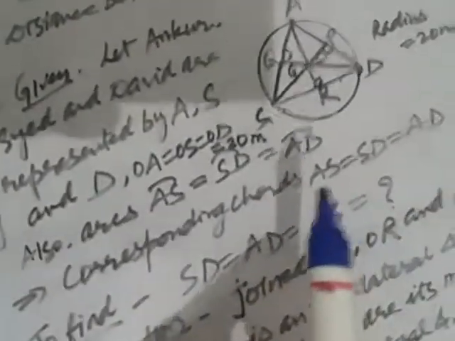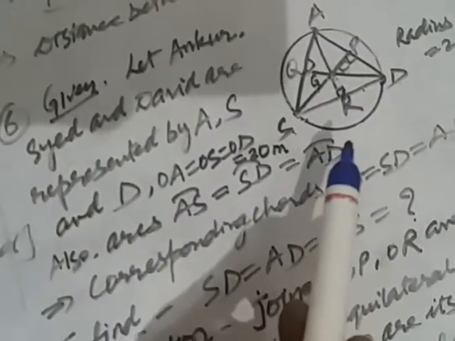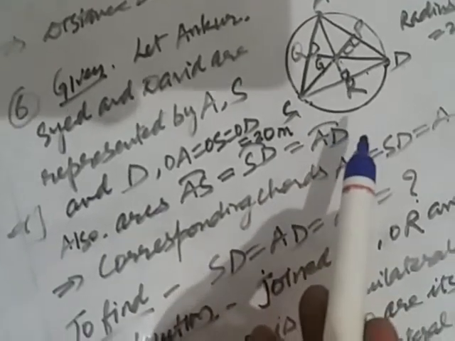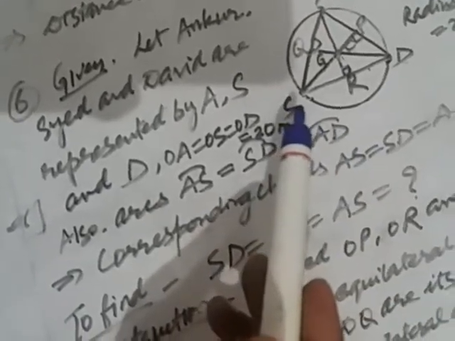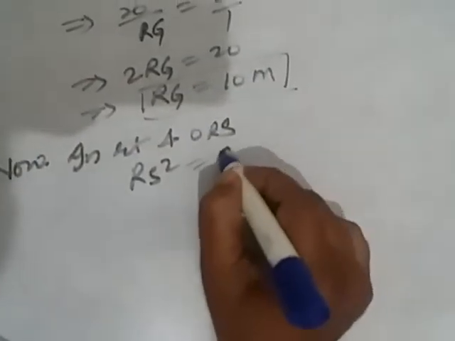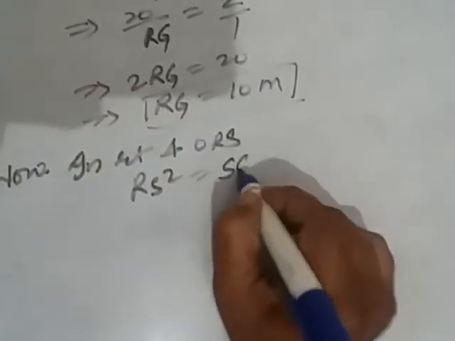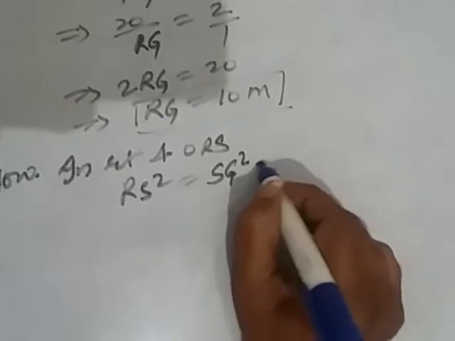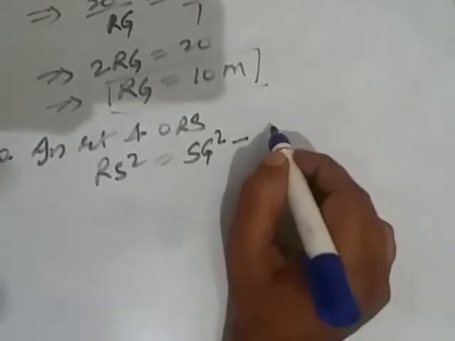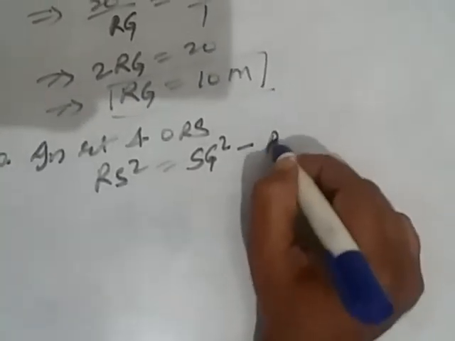We are writing the Pythagoras theorem in transposed form: RS square equals SG square minus RG square. Let us see once again.